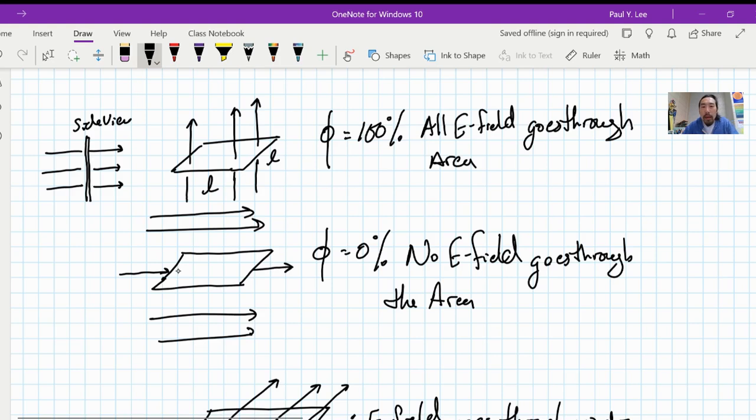Remember, the direction for area is perpendicular to the surface of the area. I'm going to draw the direction arrows in red. If this is my surface, the area direction is pointing in the vertical direction. So we can see that the direction of the area and the direction of the E field are actually parallel.